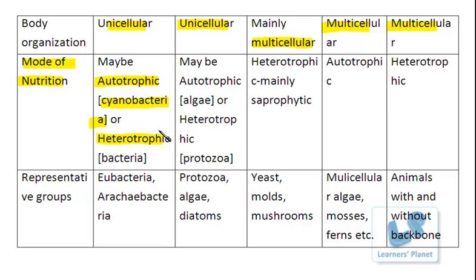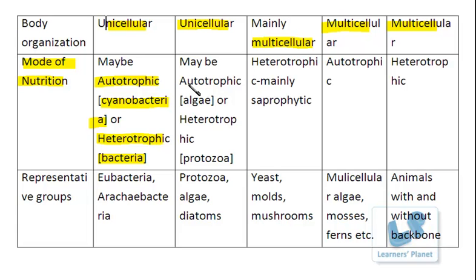It is not a true type of algae; it is a prokaryotic organism. Prokaryotes are bacteria, and depending on the pigment present, they are known as cyanobacteria or blue-green algae. The heterotrophic mode of nutrition is present in the group known as bacteria.